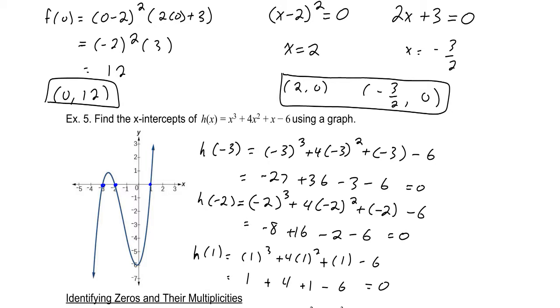So we have 3 solutions, negative 3, 0, negative 2, 0, and 1, 0. And so I'm going to go ahead and write these over here. Negative 3, 0, negative 2, 0, and 1, 0. Those are our solutions. Now we can actually write this function in a factored form.